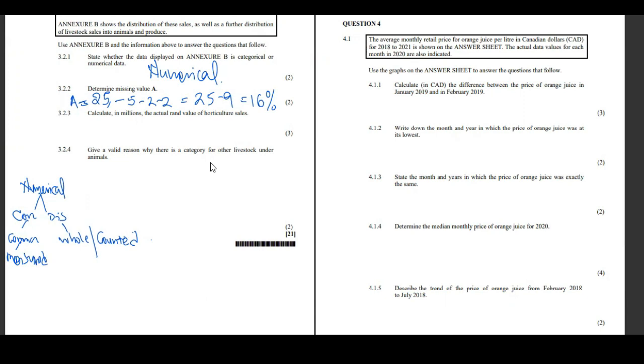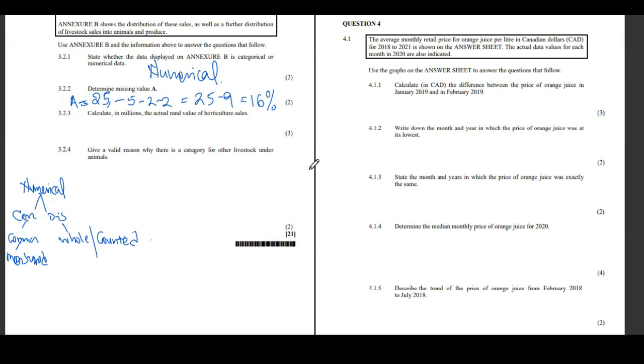Calculate in millions the actual rand value of horticulture sales.